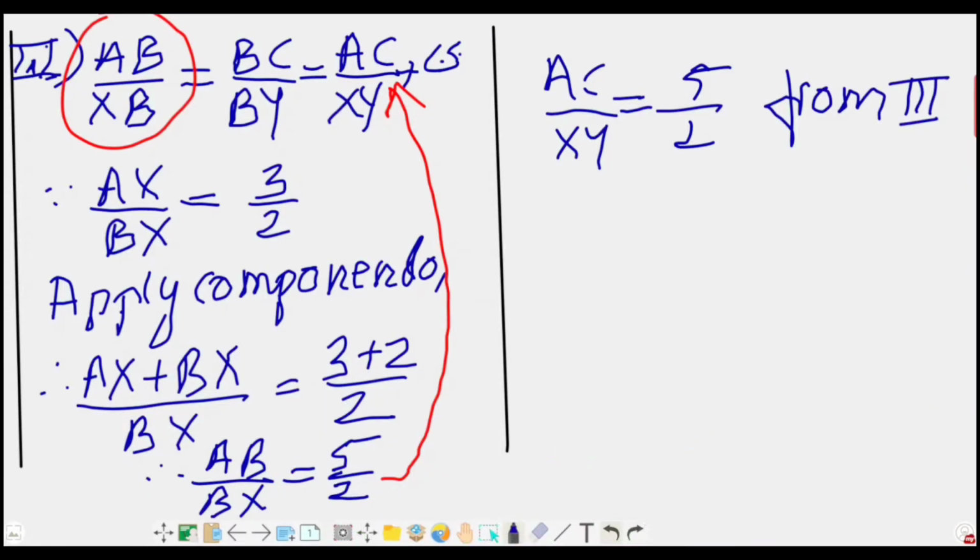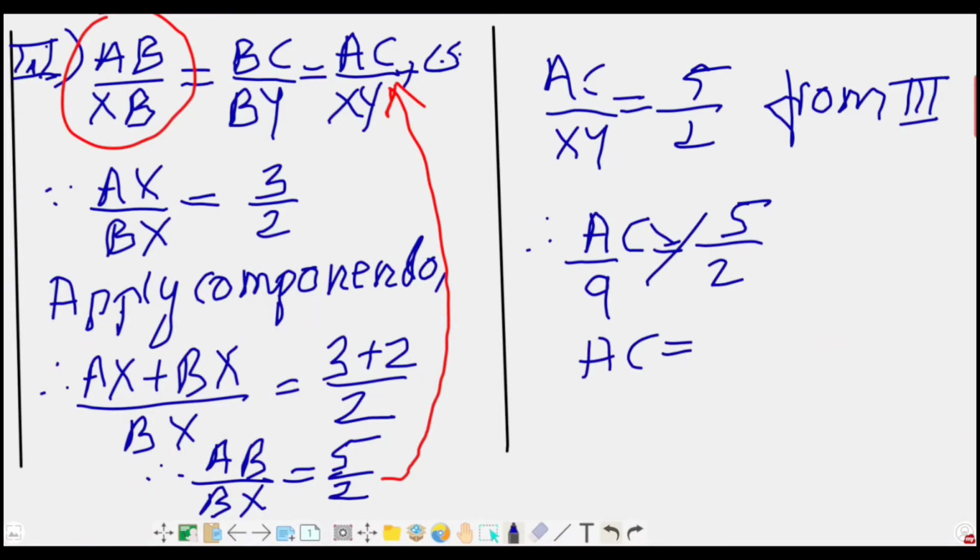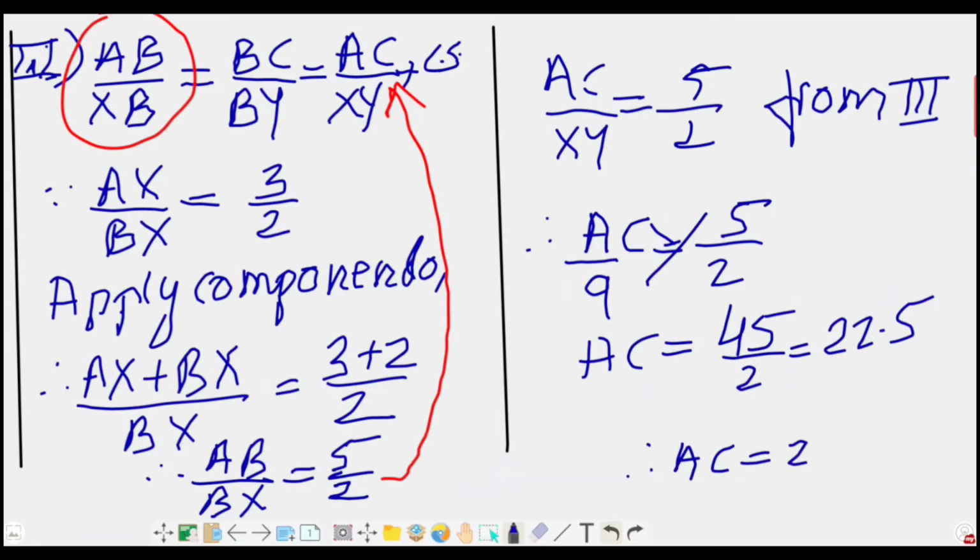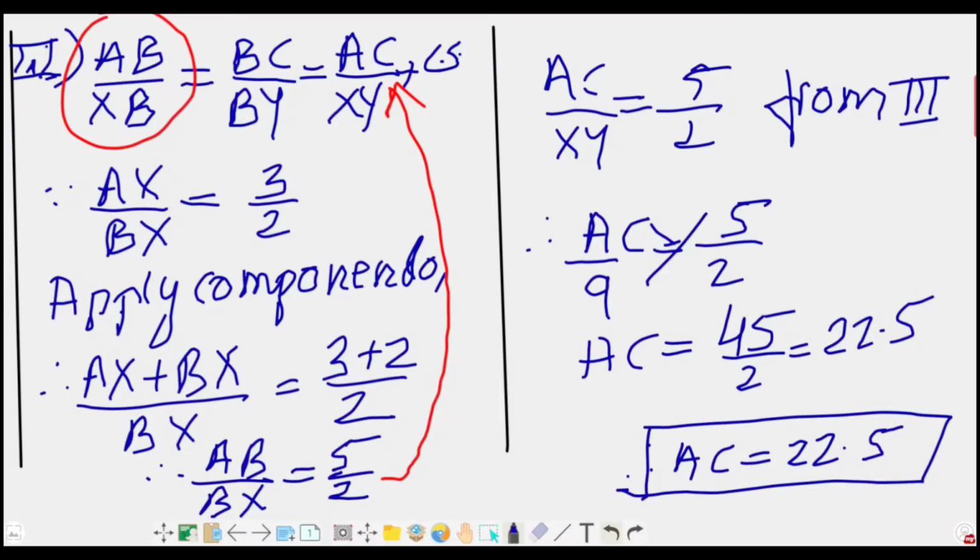Now you don't know the AC, but XY is given 9. This is 5 by 2. Cross multiply. Your AC will be 45 by 2. 45 by 2 is how much, students? 22.5. So you got your AC as 22.5. So this way we can apply the concept of similarity.